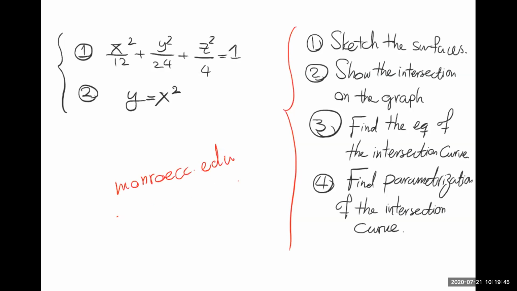If you search it together with CalcPlot3D, on the web page of this college there's a page where you can just write down the equations and it will sketch them. I can use it now, actually. That's a good idea.